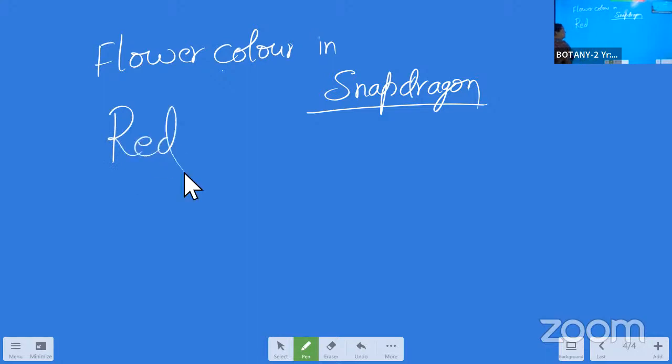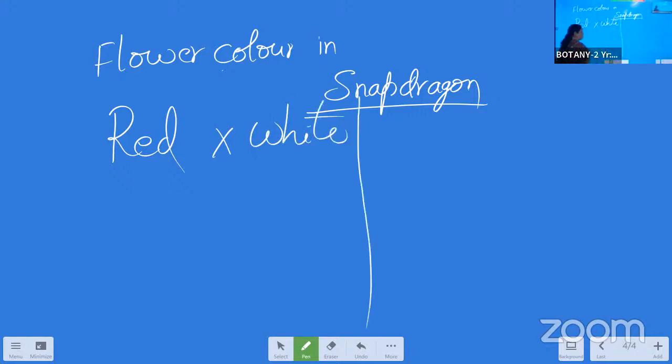In all the plants, we will see the red color flower. Some plants show white colored flowers. But once these two plants were crossed, we will expect the red or the white. But here, we get an in-between color, the pink color.